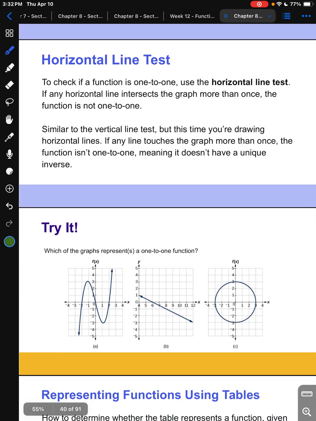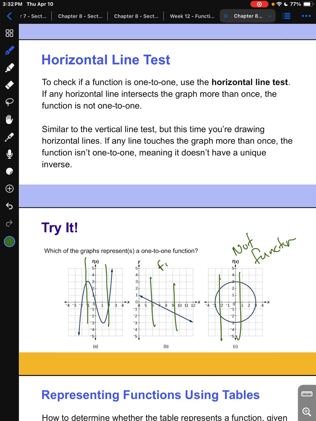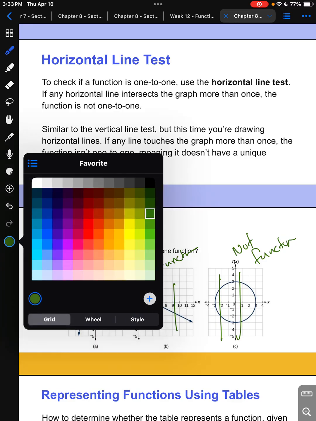So which of the graphs is a one-to-one function? If you look at this one, with the vertical line test, these vertical lines all work. So this last one is not a function. These two are functions. Now, of these functions, which one is one-to-one?